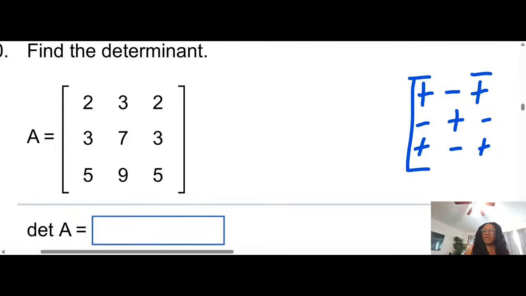If you're just joining, this is algebra review for those who are going to be taking a test in college algebra. This is algebra review for finding the determinants of a matrix. Okay, and now I have just written the matrix of signs.